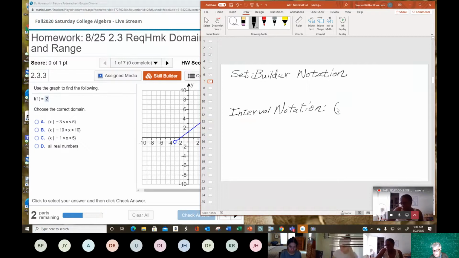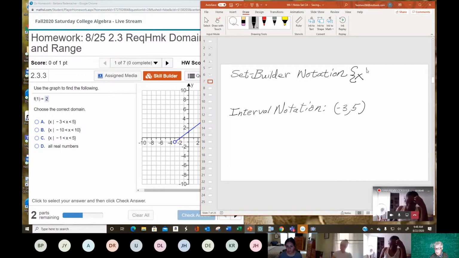Is this -3 on the left, +5 on the right, but not really -3 and not really 5, just really, really close to them. Now, we have to choose one of these answers as saying the same thing in set builder notation. So here we go.